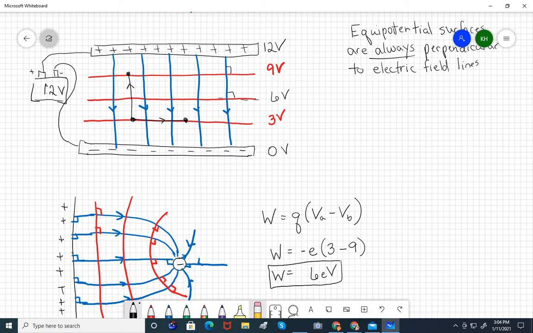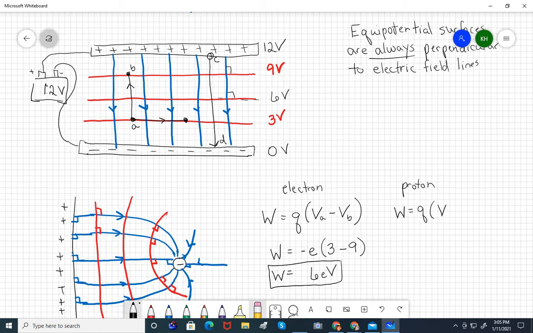Or if I have a proton, a little positive proton right here, and it moved from here all the way to here, this is for the electron that went from A to B. Let's do a proton this time, and we'll call this point C and D. The work done on that proton would be q times the voltage difference.